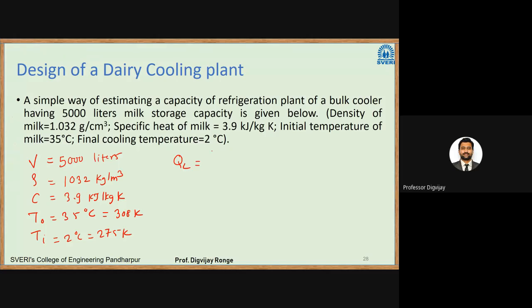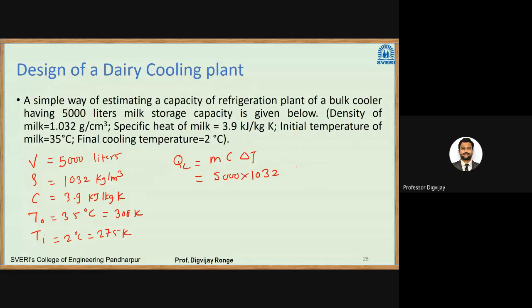So we can calculate it as m Cp delta T. How do we calculate mass? Mass we can calculate from density into volume. So here it will be 5000 into 1032.